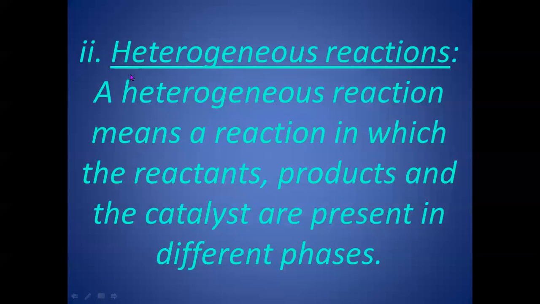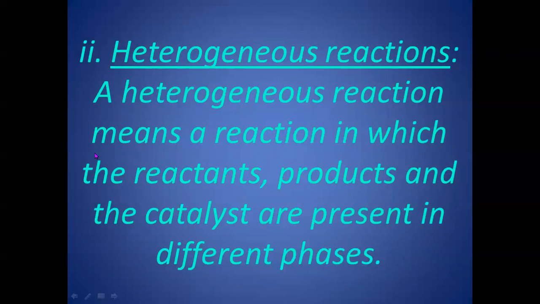Second type of zero order reactions are heterogeneous reactions. A heterogeneous reaction is one in which reactants, products, and the catalyst, if it is used, are present in different phases, meaning different physical forms.